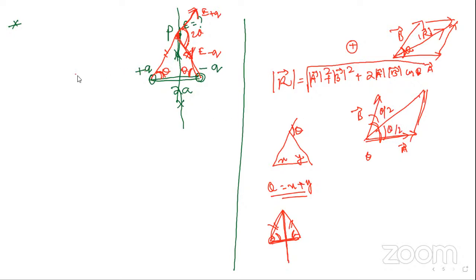So here the E plus Q magnitude and E minus Q magnitude are the same, so they will divide the angle between them. This angle will become theta and this will become theta. Try to understand carefully. If this is theta, E plus Q, what will be the component of E plus Q on this vector?